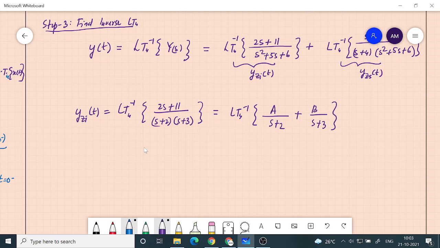So to find a and b, we can say that 2s plus 11 is equal to a into s plus 3 plus b into s plus 2. Okay, so what I did, I took the inner term and equated to this. Whatever is here, that is the same as this. I equated it and then multiplied with the denominator on both sides.